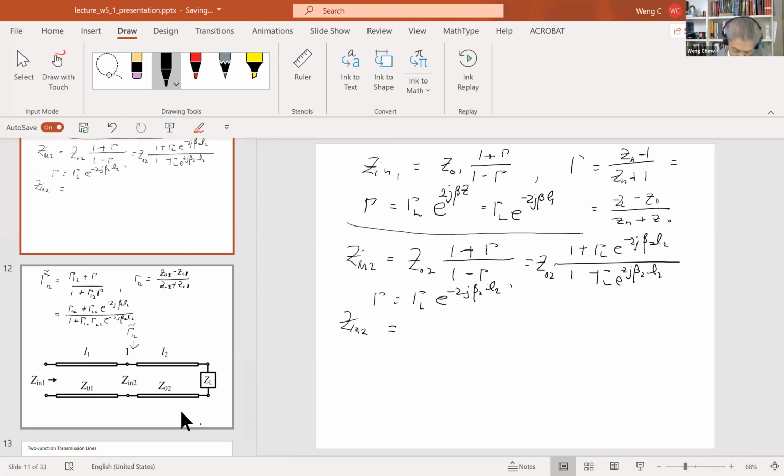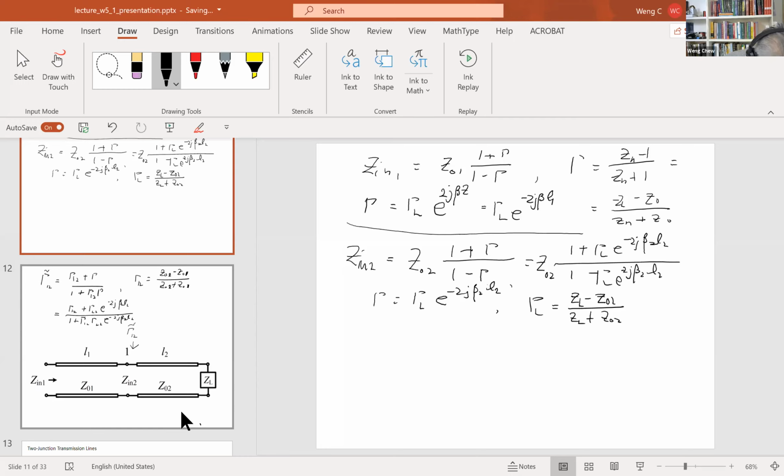Then I have to plug in the value of gamma L. Before I do this, I have to figure out that gamma L should be equal to ZL minus Z02 over ZL plus Z02. That is the value of my gamma L.